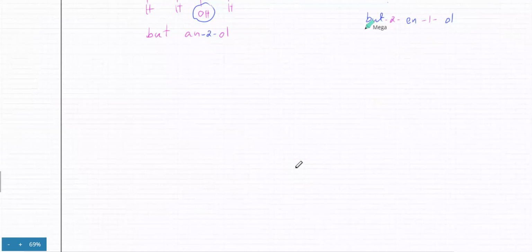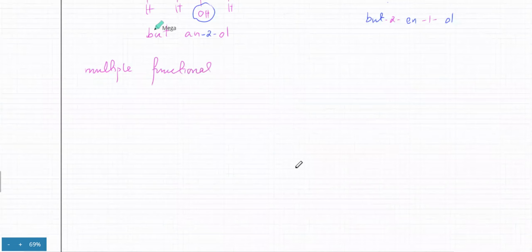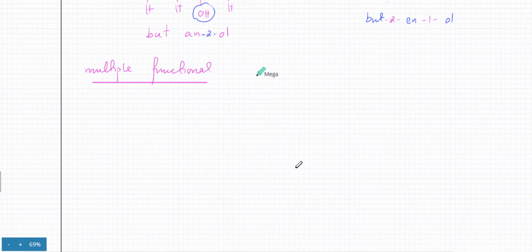Acha, now what if you have multiple functional groups? Remember, naming can be very complicated. Direct questions on naming are very few, and they're just for 1 or 2 marks. Like the whole question might depend on the naming, if you can't figure out what the molecule is when they give you a name.